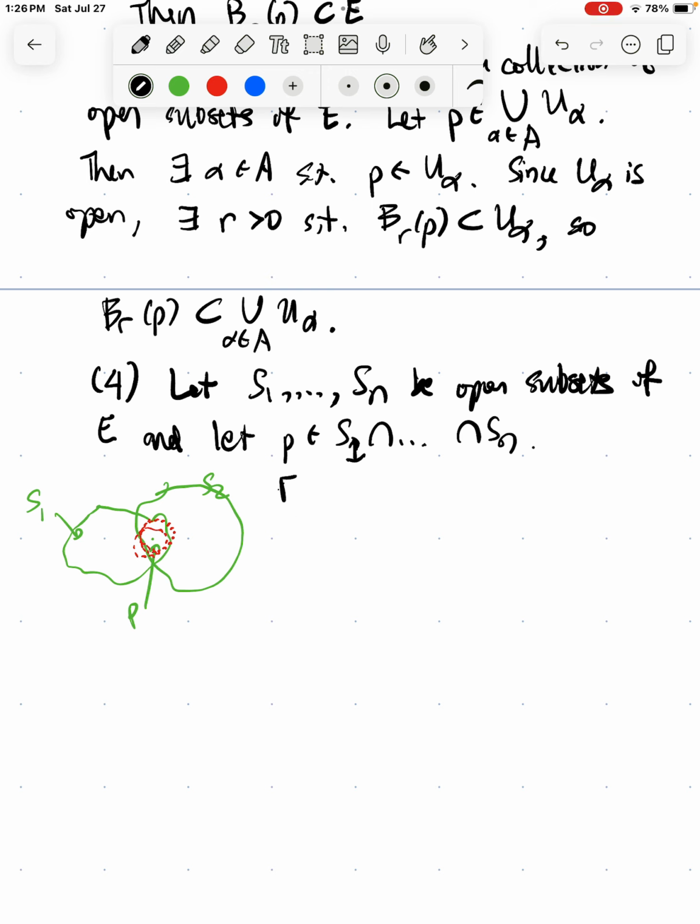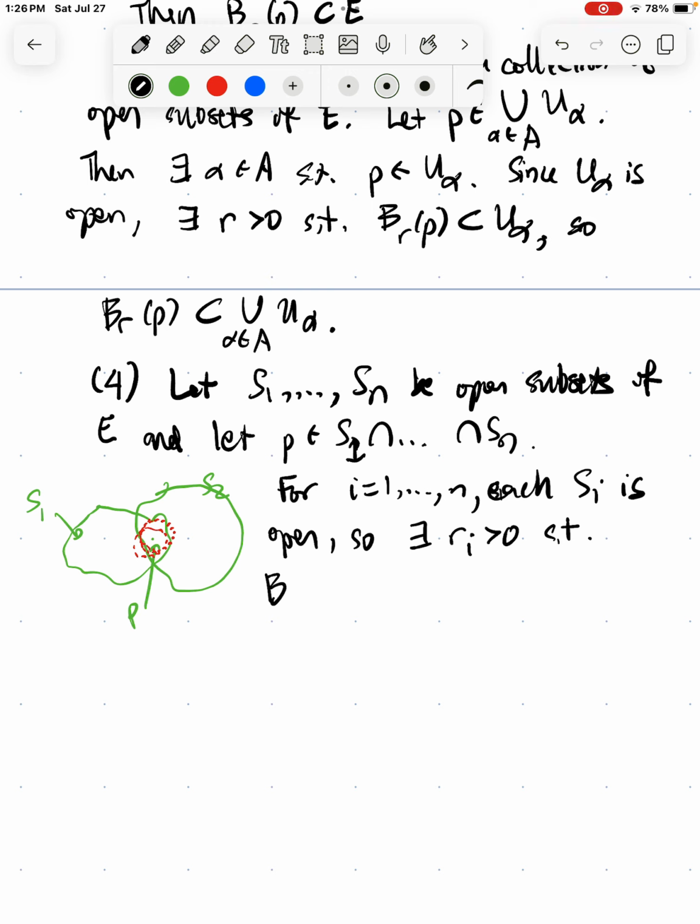For i from 1 to n, each Si is open, so there exists some real number Ri greater than 0 such that the open ball of radius Ri centered at P is completely contained in Si.